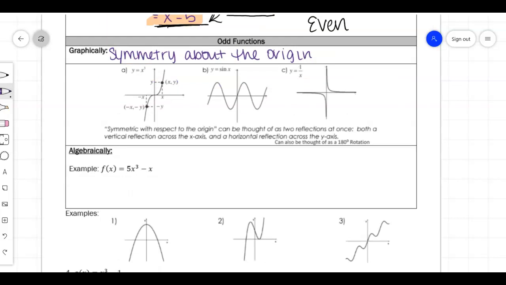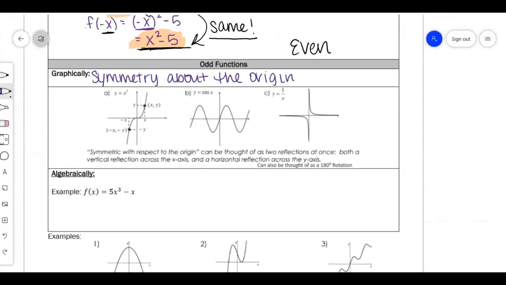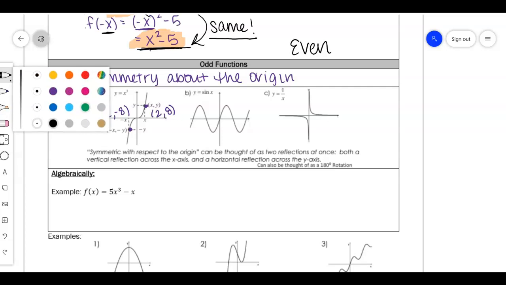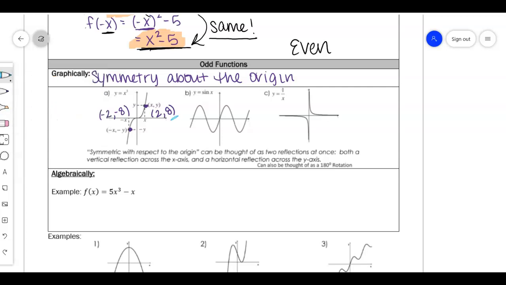Looking at a couple points, if we were to plug in 2 into x cubed, we would get out 8. Now if I were to plug in -2, I get out -8. So the outputs are the same value, but with opposite signs. I got an 8 again, but now it was negative when I plugged in a negative value.